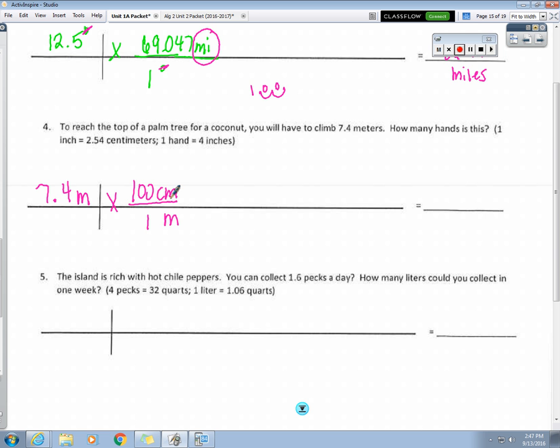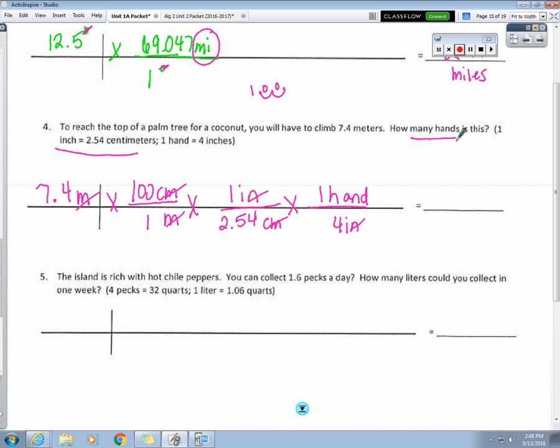Now we've converted it to centimeters, which is helpful because now we can use this. That 2.54 centimeters is 1 inch. And now that we have inches up top, that's good because we can use this 4 inches equals 1 hand. So now in the top, those cancel out, leaving hand, which is good because that's what we were trying to figure out.